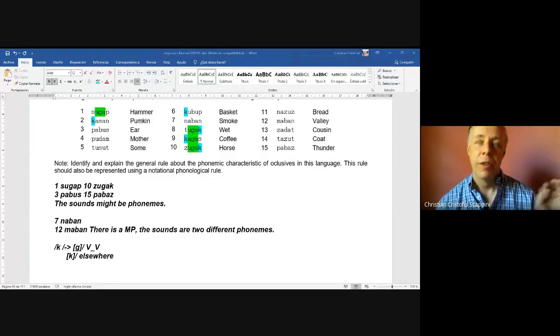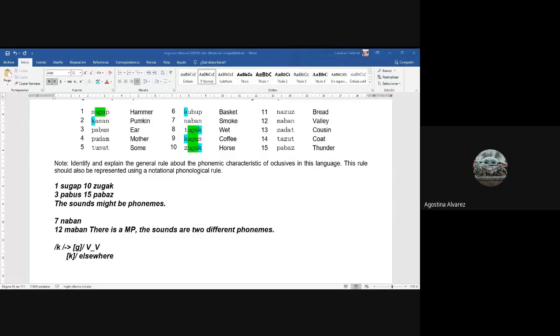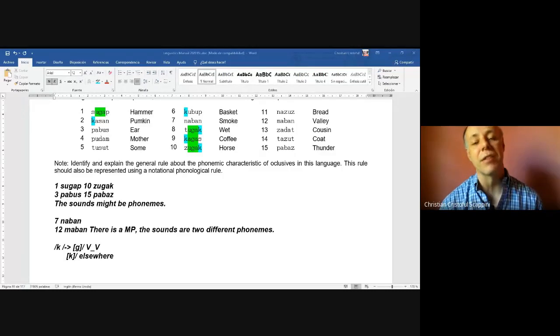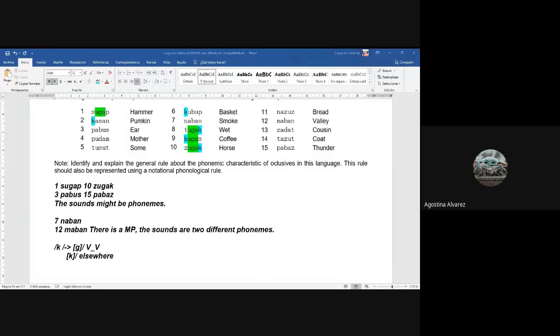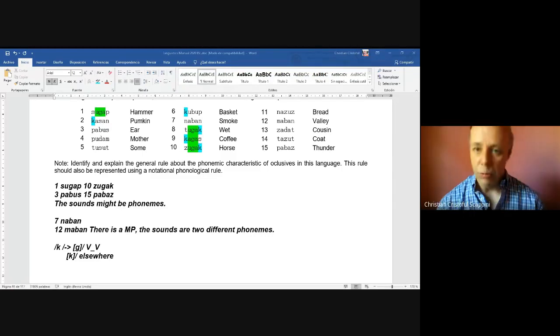But the moment you find subminimal pairs, you could keep looking then, just in case, because you're never sure. It will be okay if we just answer that they might be phonemes. It will be okay, yes, as long as you have like 2 or 3 sub-minimal pairs for backup evidence.